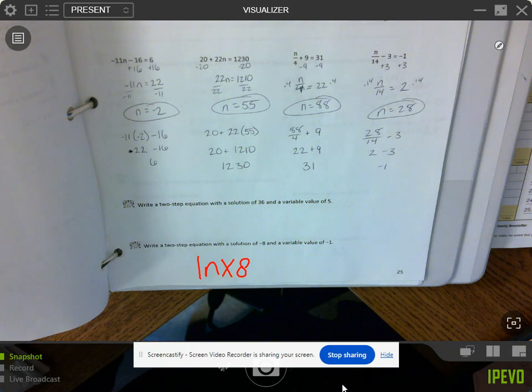So remember when we do our two-step equations, we want a multiplying or dividing, and we want an adding or subtracting. So on the test, you need to make sure you have both steps, adding or subtracting, multiplying or dividing.